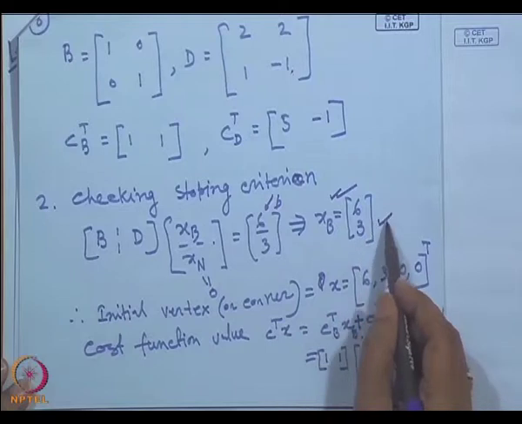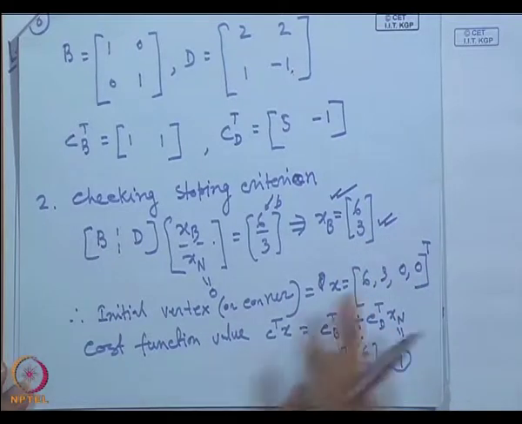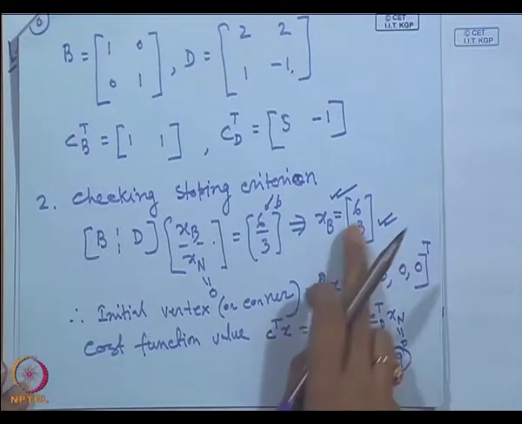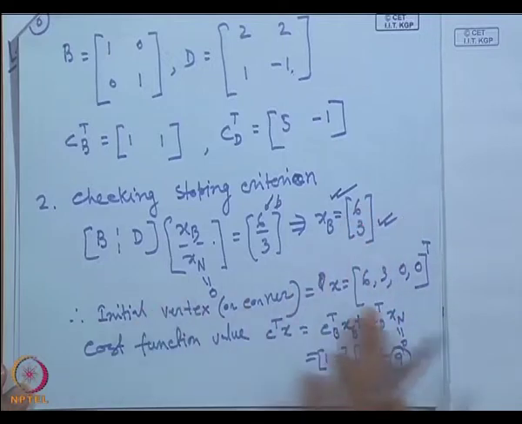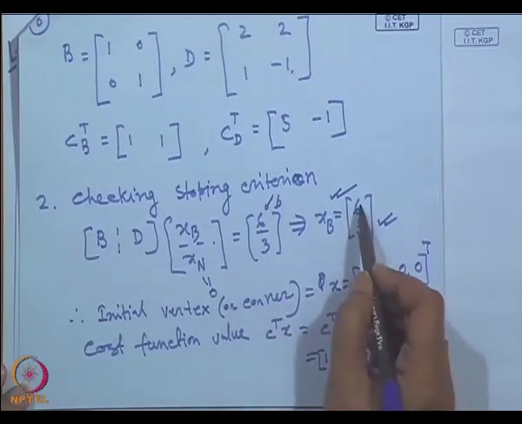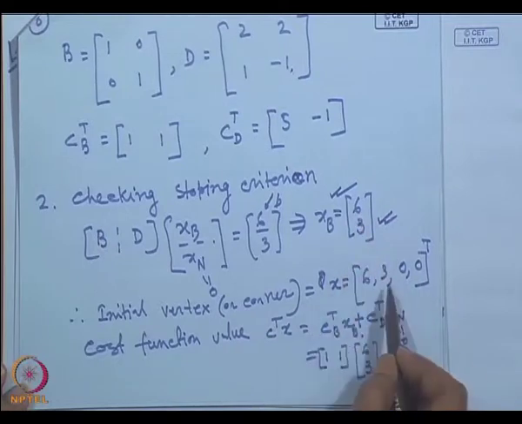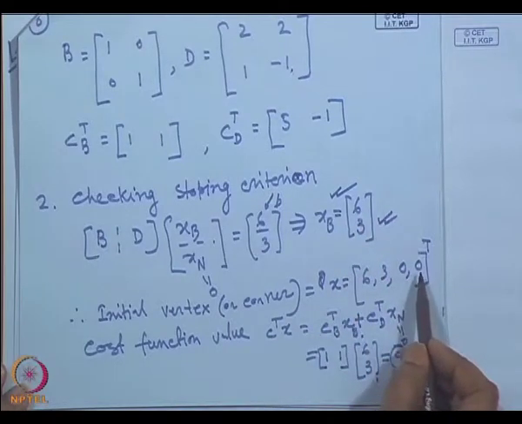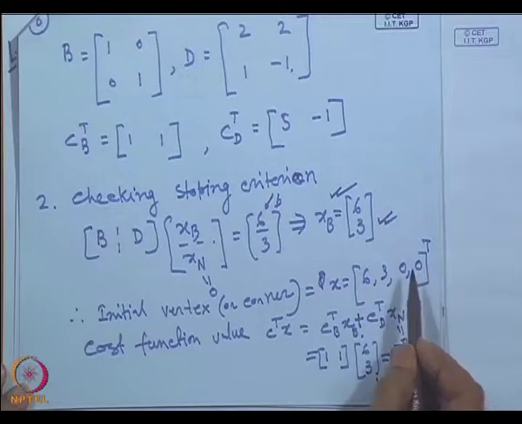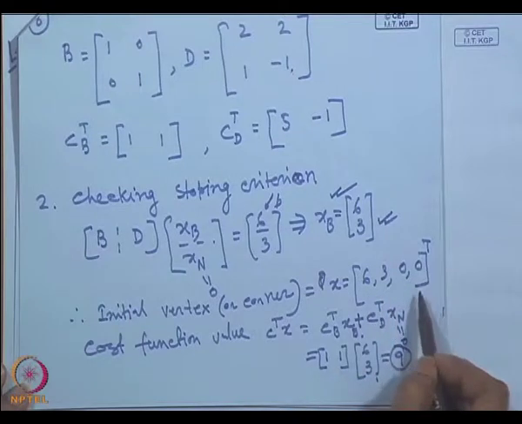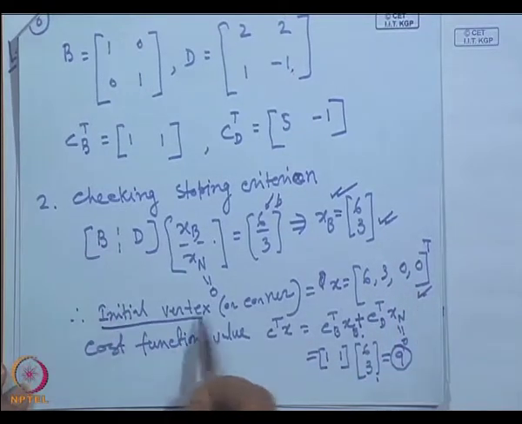From there we got the initial solution or vertex point as (6, 3). So, this is the initial vertex. Our x1 value is 6, x2 value is 3, and the remaining two variables x3, x4 are non-basic variables. This is the solution for the initial vertex.